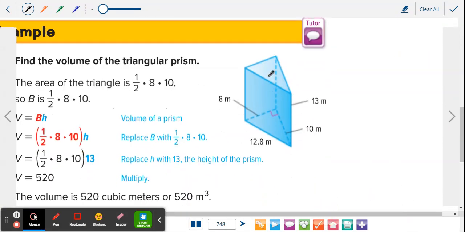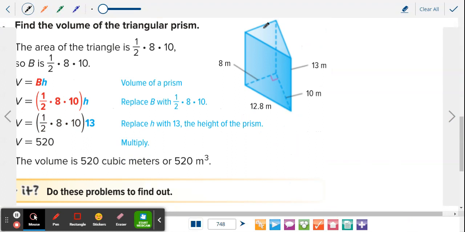Okay, so it's just multiplying and dividing a little bit. So all you're doing is finding the area of the base. Well, the bases are triangles, just like we did on the first page. So you always start with the triangle first, finding the area of this. So looking at this triangle down here, what is the base of the triangle? Oh, remember, look for that square, that box. So remember, everything below the box is the base.